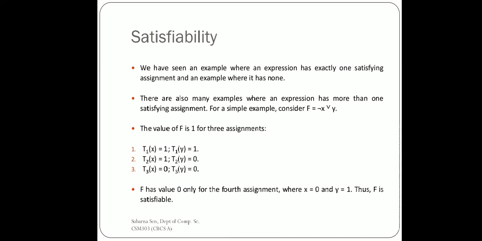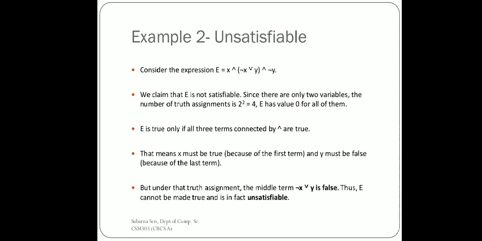But if you see the whole expression which we saw in the previous slide, the total expression is x and not x or y, and then and with not y. Put all the values of the two variables, so there will be 4 combinations, and see whenever the middle value gives us 1.